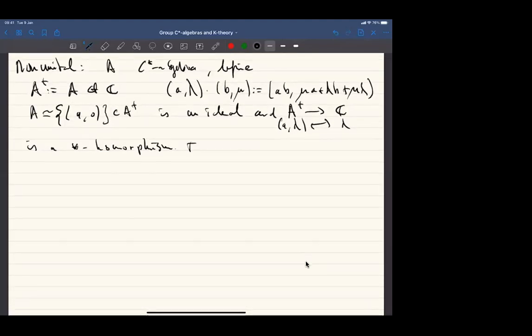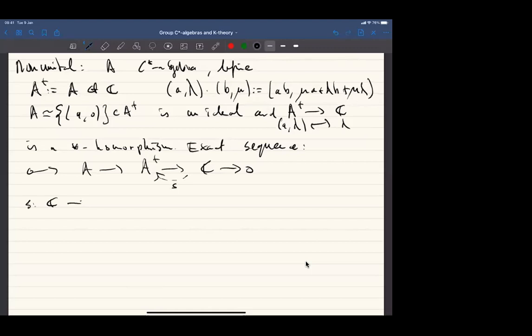And this gives us an exact sequence: from A into A plus onto C. There is actually also a homomorphism S from C to A plus, which just takes lambda to (0, lambda). And this is the splitting of this exact sequence.